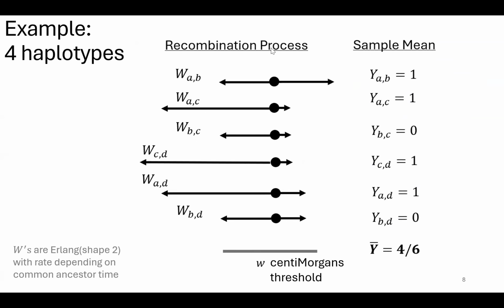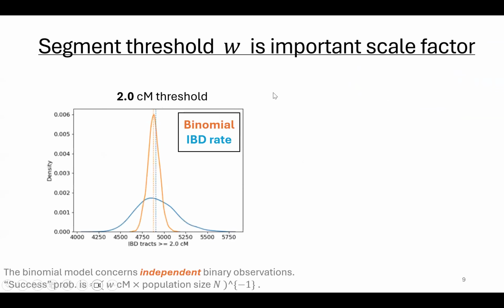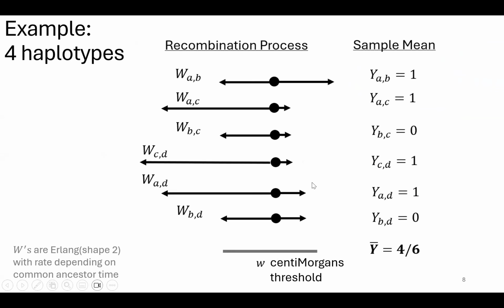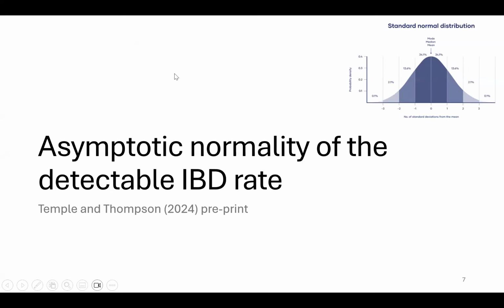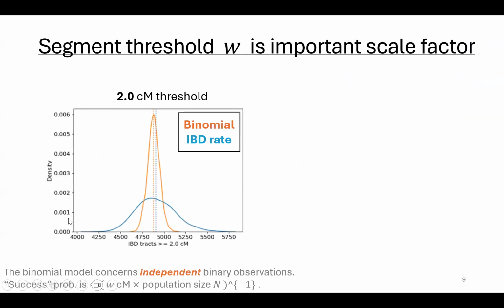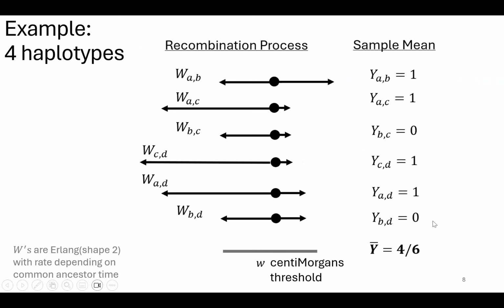I'll define our sample mean here. So I'm considering 4 haplotypes at a locus. The locus is here, these singular dots. We're going to model these identity by descent segments to the right and left as independent exponential random variables, and their rate is going to depend on the common ancestor time.